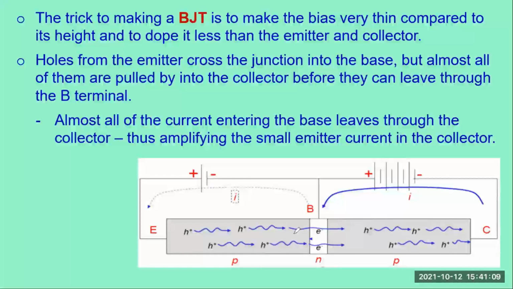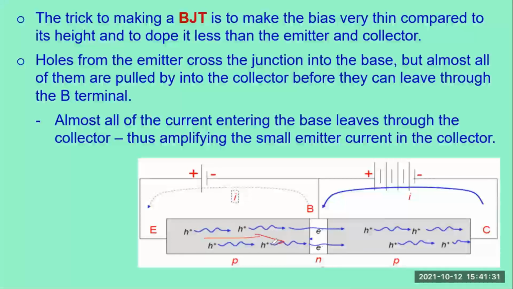So this movement of holes, due to the larger voltage on the collector side, is highly amplified, and this amplifies the small current from the emitter side. This very small current is caused majorly by the movement of the holes. Remember, this is a positive type semiconductor.